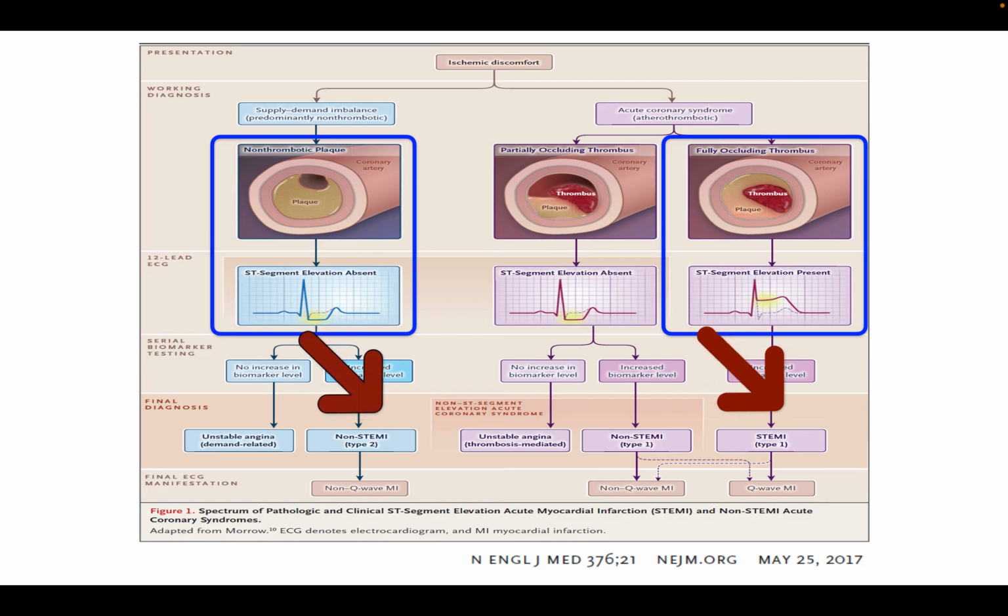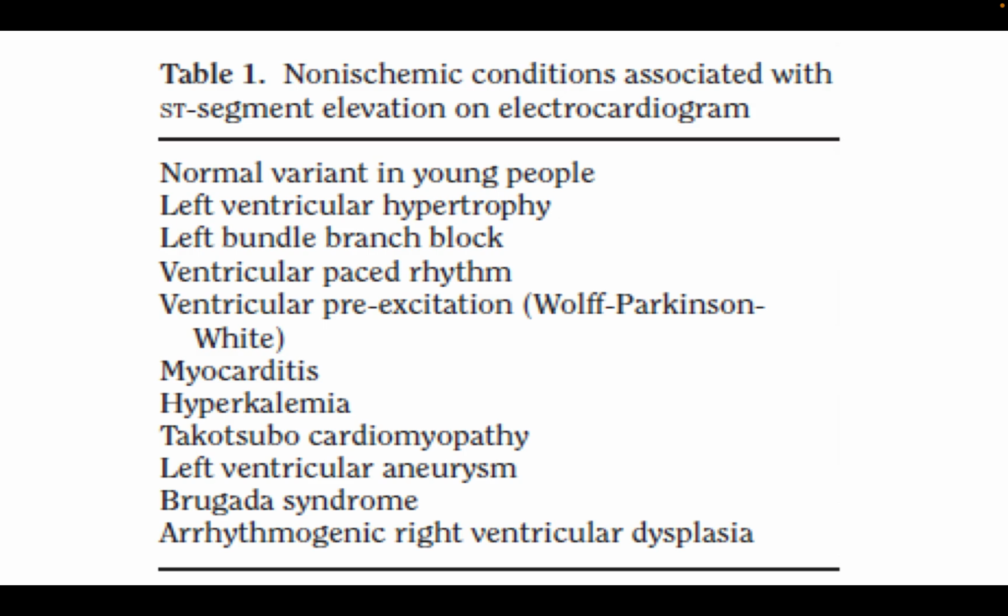These are the two important points which need to be pondered upon when you encounter the ECG of acute coronary syndrome, and this is taken from the very famous NEJM article published in May 2017. As far as non-ischemic conditions associated with ST segment elevation on ECG are concerned, LBBB can be one of the causes, along with myocarditis, hyperkalemia, and Takotsubo cardiomyopathy.